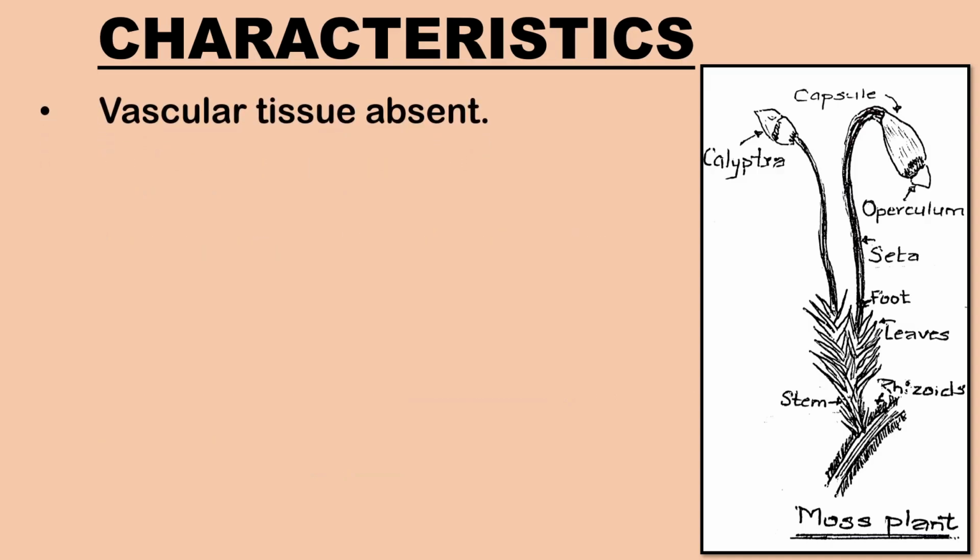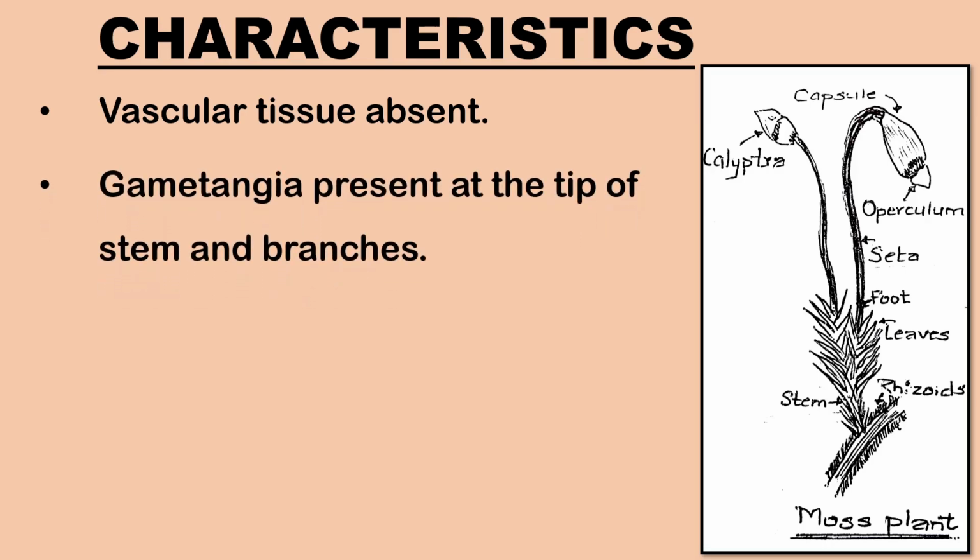Vascular tissue is absent in mosses. Conduction of food and water takes place with the help of certain elongated cells present at the center of the stem and midrib of leaves. The plant bears gametangia at the tip of stems and branches.